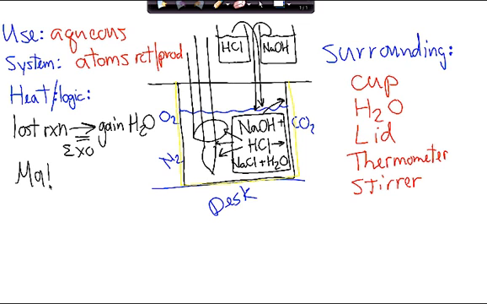So guys, this is the way the math goes. Here's what we know. We know that the energy lost by the reaction is equal to the energy gained by the water. Do you buy that? Okay. Is that okay? Because that's critical.